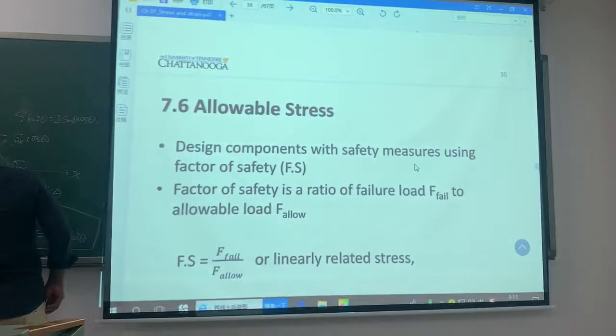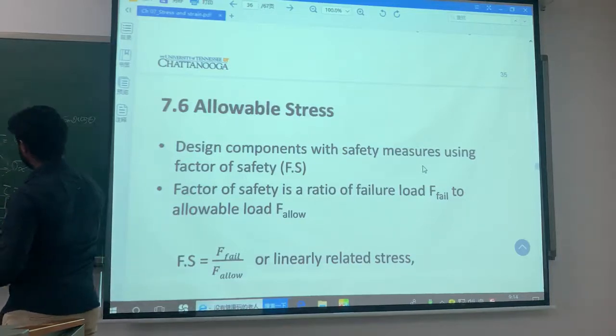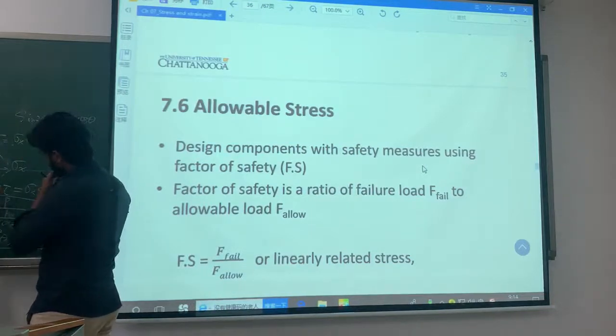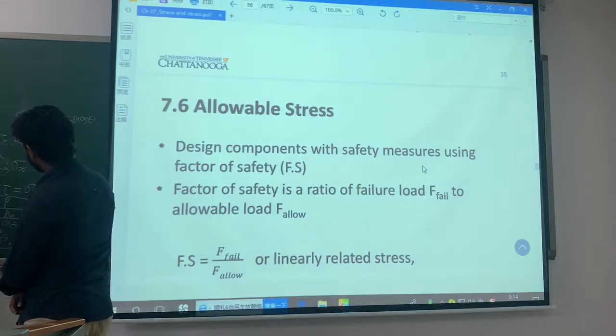This cos is here, but this cos is also here, so it is cos squared. Sigma x is P over the area, and the area is A0 over cosine theta.